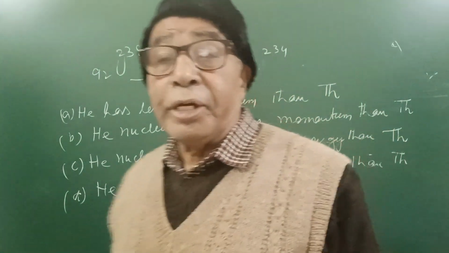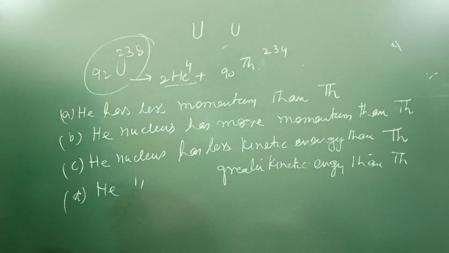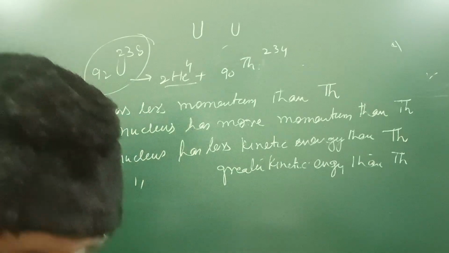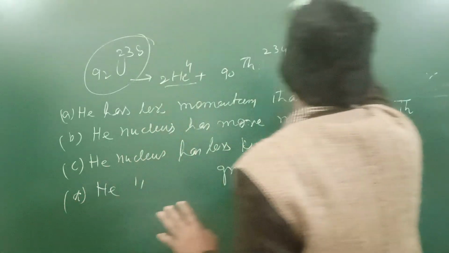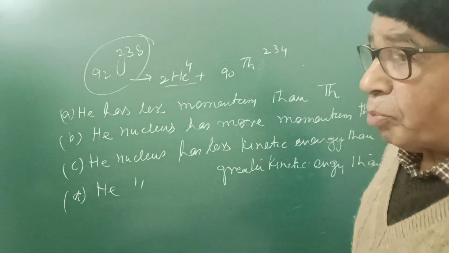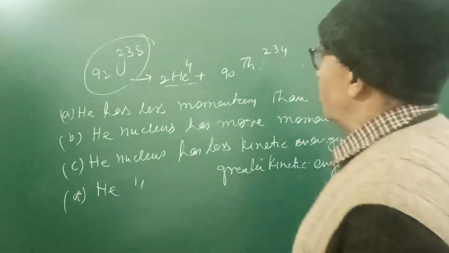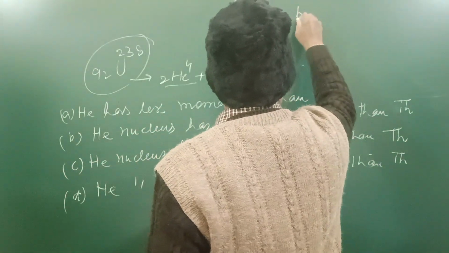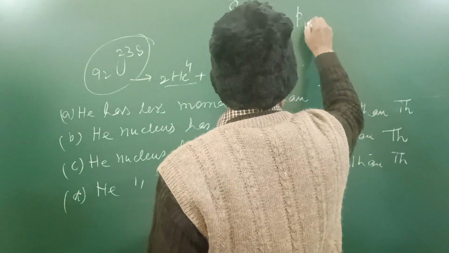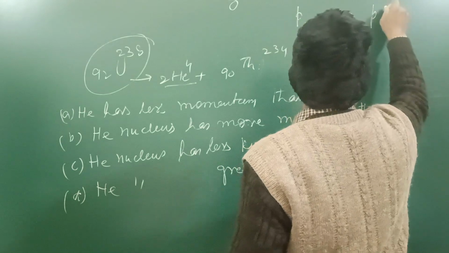So which is correct? This nucleus was at rest. No external force is there, and from the law of momentum, initial momentum equals final momentum. Since momentum was 0, the momentum of helium P of He is equal to P of thorium.